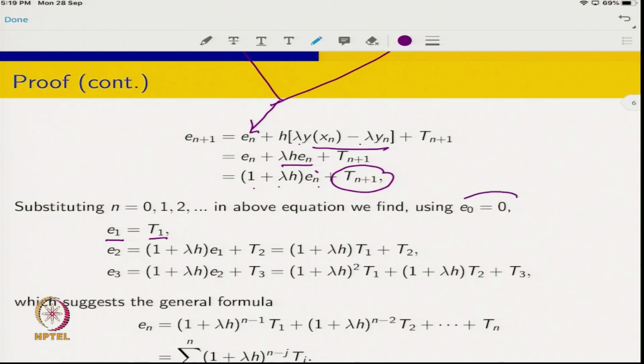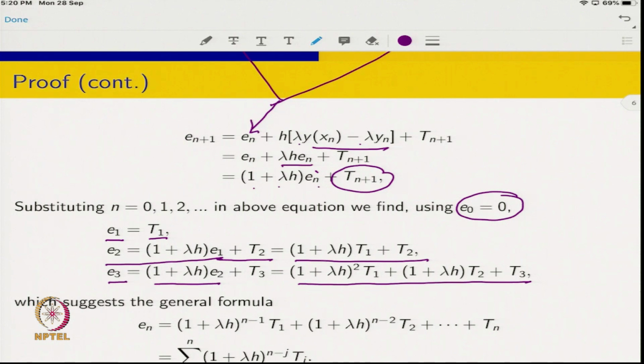E2 is (1 plus lambda h) E1 plus T2. Here we substitute the value of E1 from the previous step and we get the following. In a similar way we write E3 as (1 plus lambda h) E2 plus T3, and then we substitute the value of E2 from the previous steps and we get the following terms.